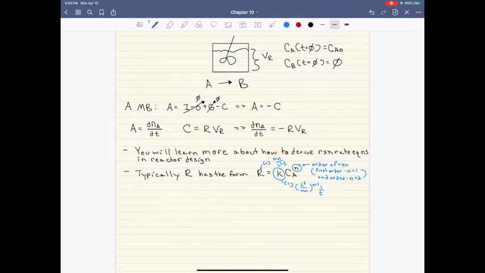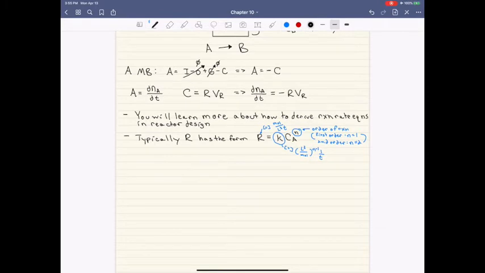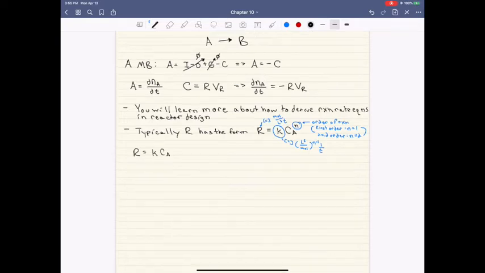In any case, for part 1, it wants us to say that our reaction rate is first order, such that r is equal to k times Ca. So that's fine.